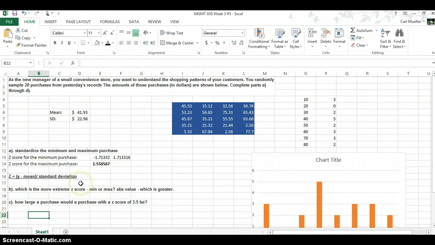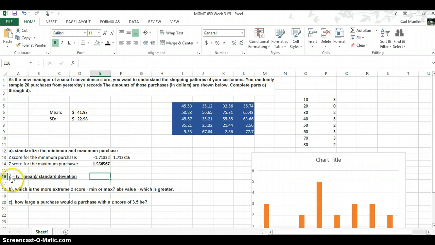So we take the standard deviation and multiply it by z. That cancels your denominator when you multiply.